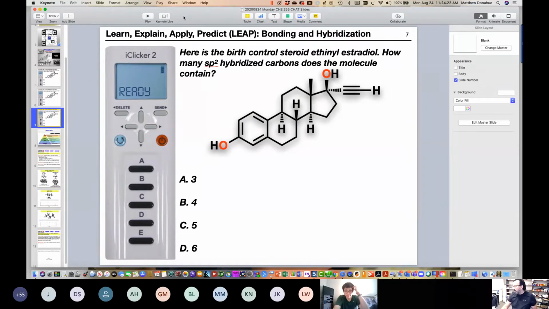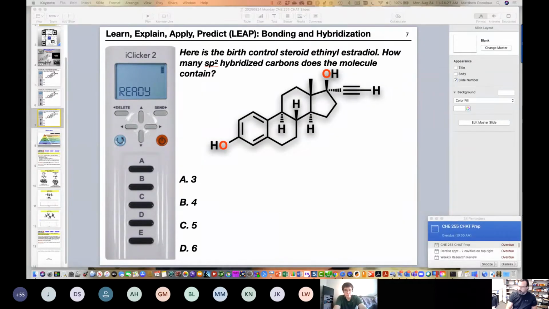Elizabeth is asking, can it be pronounced alkene, or is that something different? It is something different. As I just typed in the chat box: alkane, alkene, alkyne.